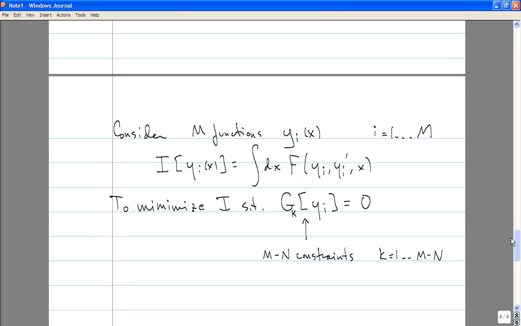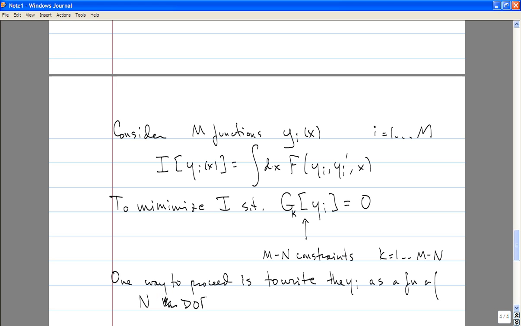So one way to proceed is to write the yi's as a function of n degrees of freedom, and then explicitly write down the action, or the functional I, as a function of those n degrees of freedom, and then write down the usual Euler-Lagrange equations.